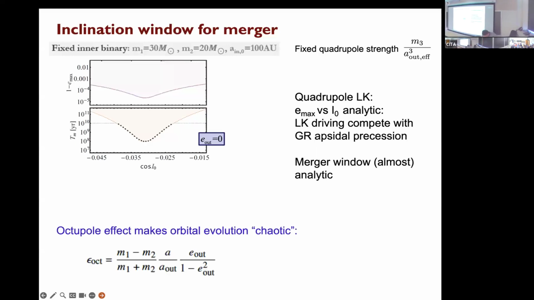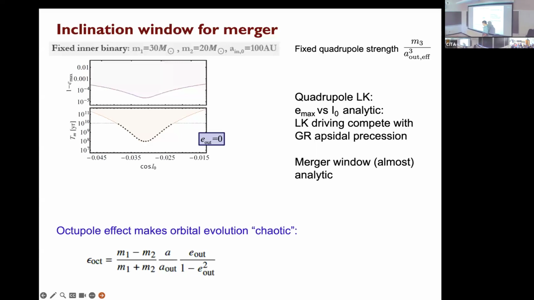Now, if you go to higher order and add that perturbation, the next order is the octupole order effect. The strength of the octupole relative to the quadrupole depends on a dimensionless parameter: a of the inner orbit divided by a of the outer orbit.